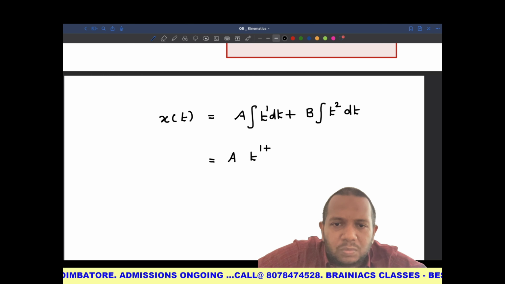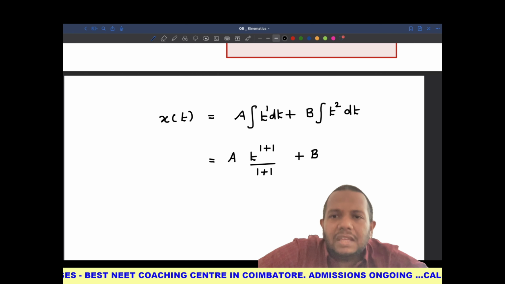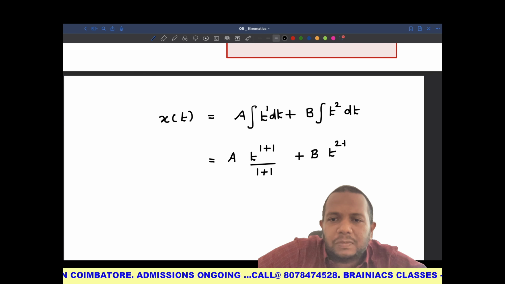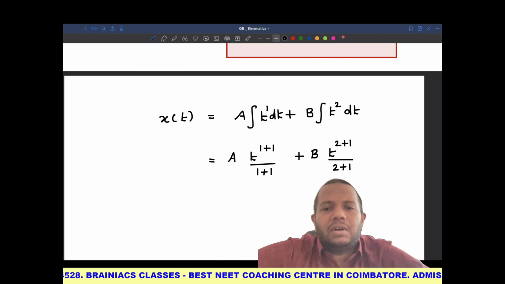So 1 plus 1, n plus 1, similar to the formula. Here also b, then do it t power n plus 1. So it would be 2 plus 1 by 2 plus 1 with the integration constant. Okay.